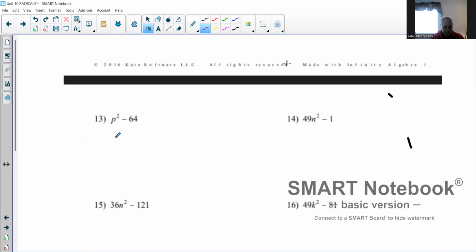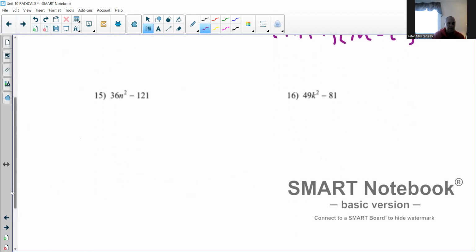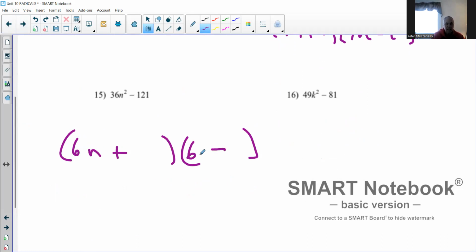Number 13, p plus 8, p minus 8. 14, 7n plus 1, 7n minus 1. How about 15? One plus, one minus, 6, 6, and n, 11, 11. So I think we get the idea.